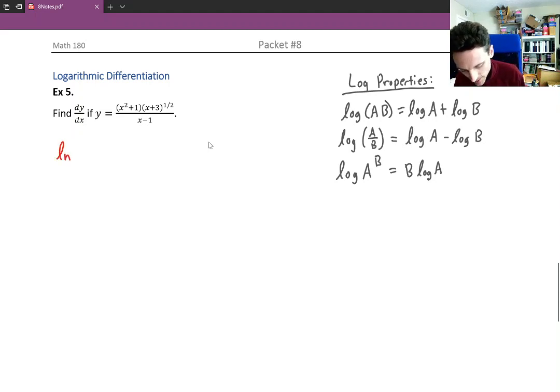First, we're going to take the log of both sides of our equation. So we have ln, and we're just going to use ln for convenience. We have ln of y equals ln of x squared plus 1 in parentheses times x plus 3 to the half over x minus 1.